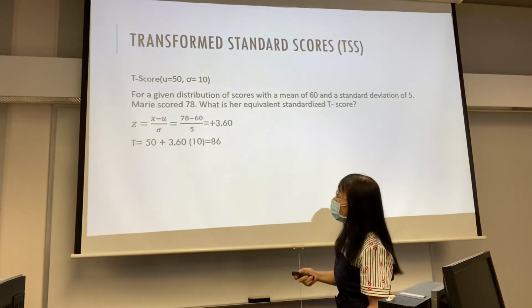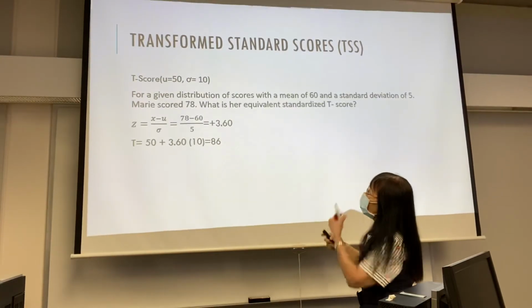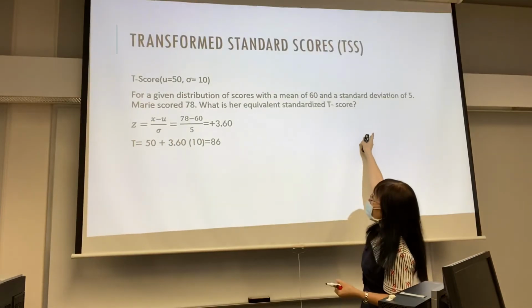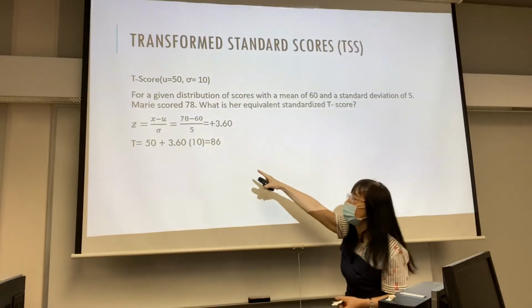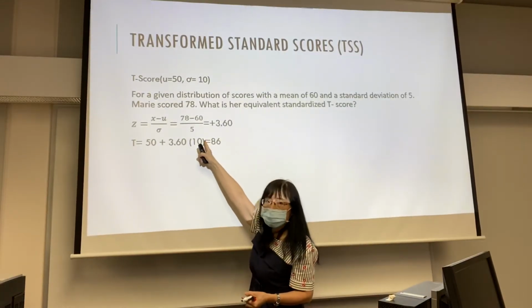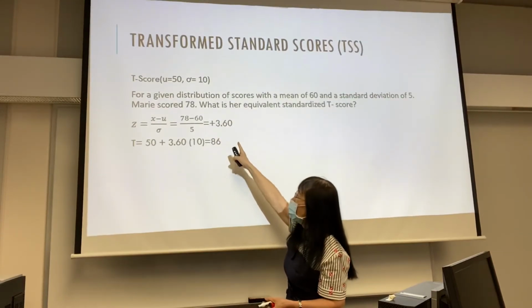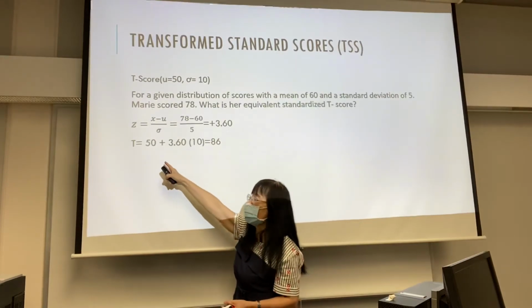Okay, so now for this one, for a given distribution, mean is 60, standard deviation 5, raw score is 87. So 87 subtract 60 divided by 5, you got 5.4. So you got a Z-score. Remember, it's already set up.